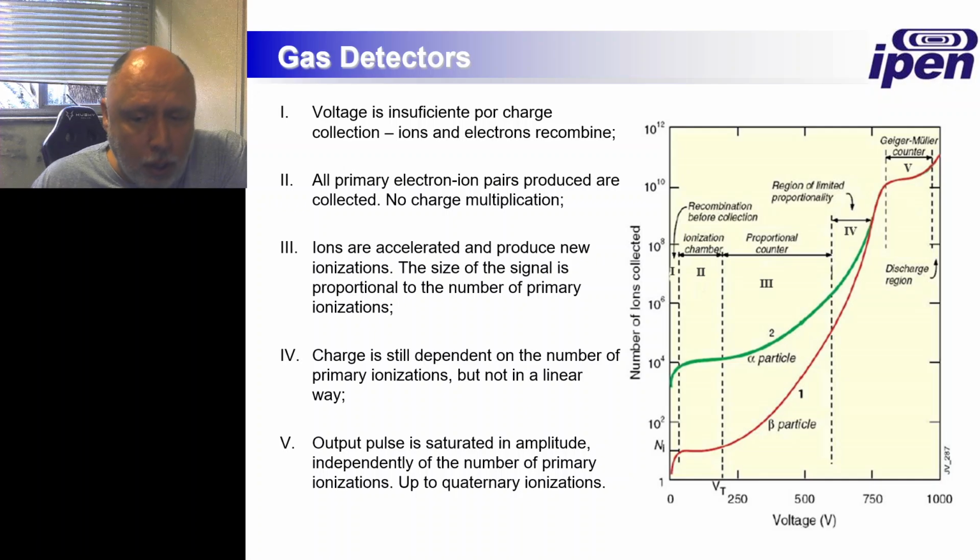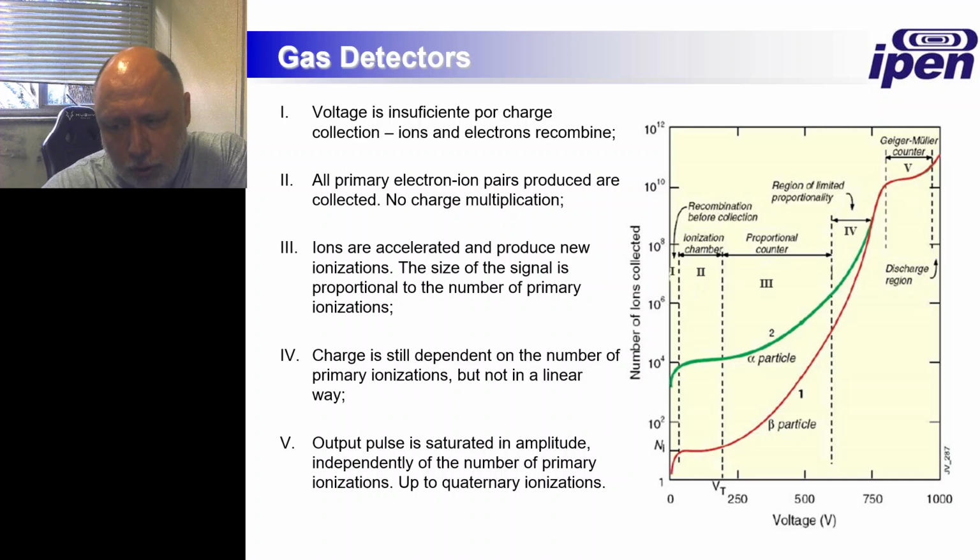So if we take a look, if we have no electric potential, you will not see anything because you cannot collect the ions, right? Here is the voltage. You start to turn up the voltage and you start to see something, but it's not everything, because some of these electrons are recombining with ions in the material. They're so slow that they can recombine. And then you reach a critical point where essentially every charge is collected.